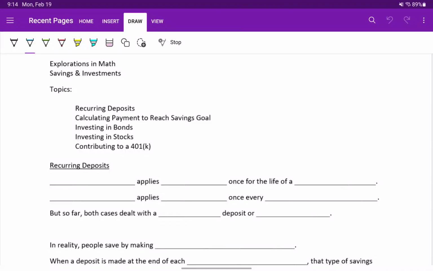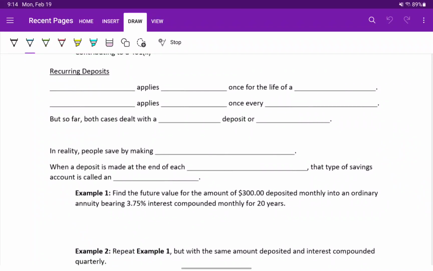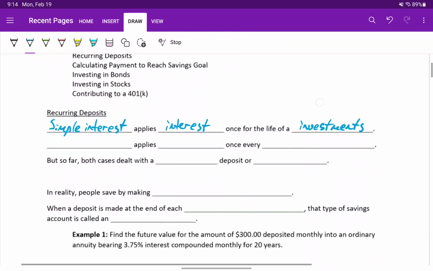In this section, we want to talk about more opportunities for savings and investments. So far, we've talked about cases with simple interest, where we apply interest once for the life of a loan, or since we're talking about savings and investments, once for the life of an investment.